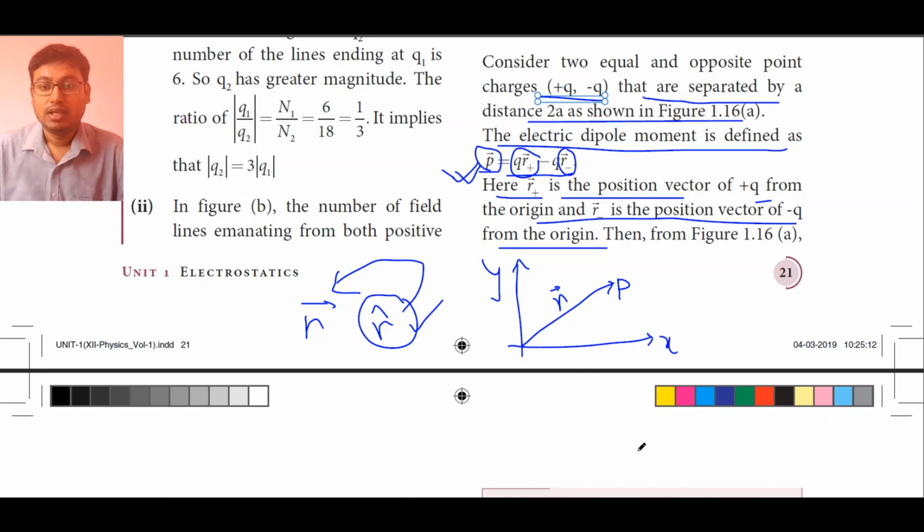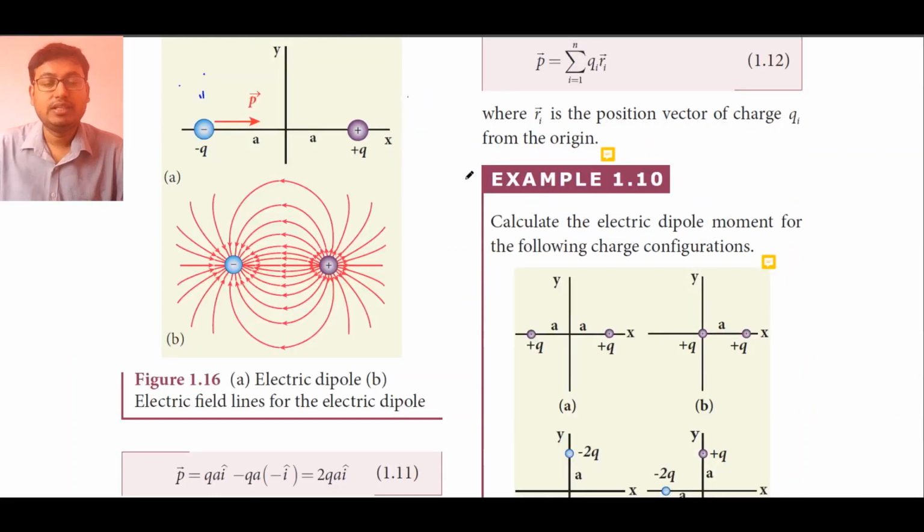So coming to your figure 1.16, what does it say? Let us see what is given in figure 1.16 A and B. In figure A, you see here that we have two charges. One charge, that is the positive charge, is lying on the positive x-axis, and the negative charge minus q is lying on the negative x-axis.